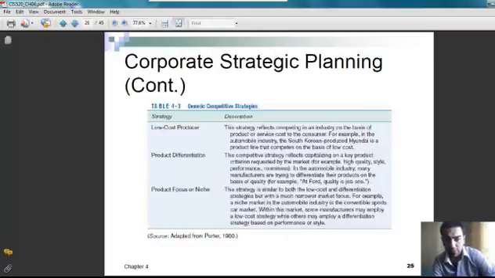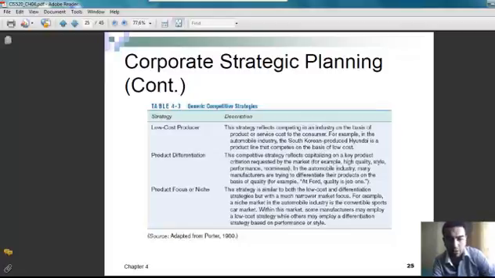Low-cost producer: this strategy reflects competing in an industry on the basis of product or service cost to the consumer. For example, in the automobile industry, the South Korean produced Hyundai is a product line that competes on the basis of low cost.